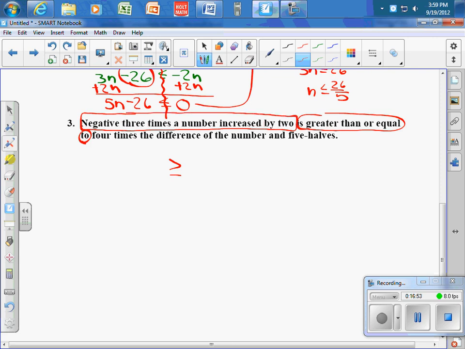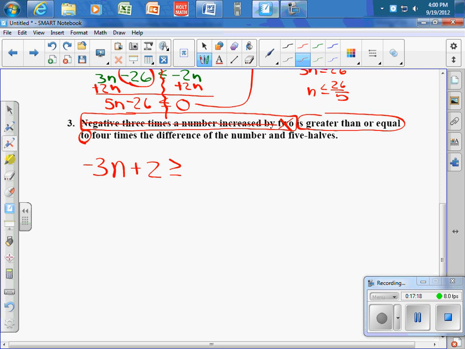Again, doing what my old algebra teacher told me, start at the end. Write down the number 2. What does increased by mean? Well, it's a plus sign, so put that out in front of the 2. What is a number? Well, let's call it n. What's negative 3 times that? It'll be negative 3n. Negative 3n plus 2 is greater than or equal to.